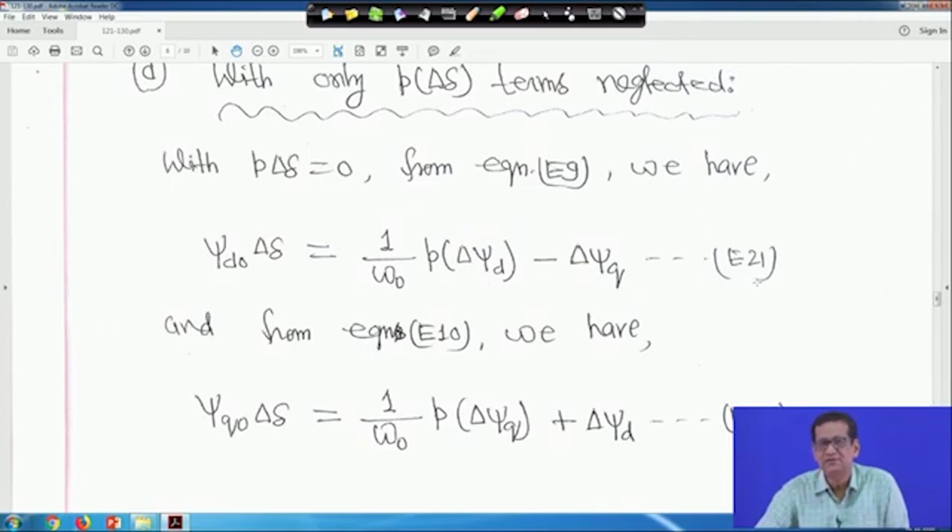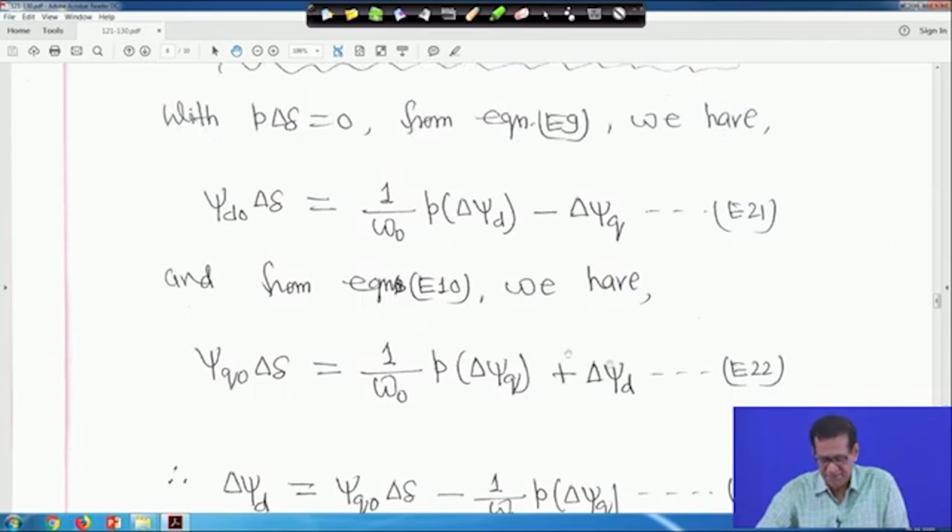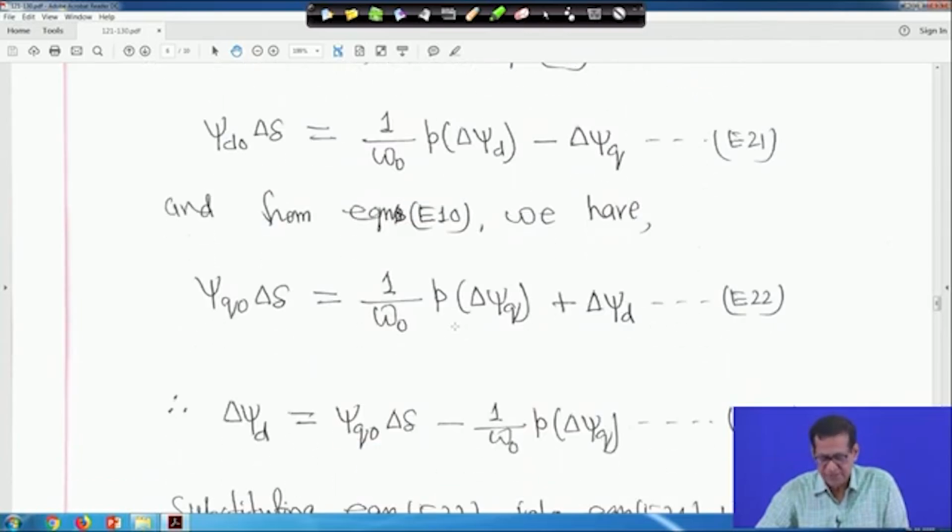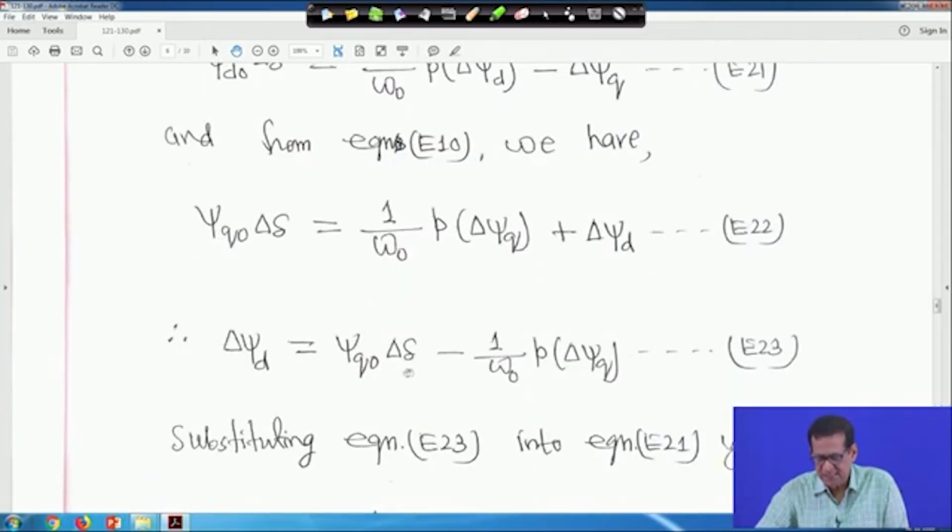This is equation E21, and from equation E10, putting the p delta delta term 0, we have psi q 0 delta delta is equal to 1 upon omega 0 p delta psi q plus delta psi d. This is equation E22, right, and therefore delta psi d will be psi q 0 delta delta minus 1 upon omega 0 p delta psi q.